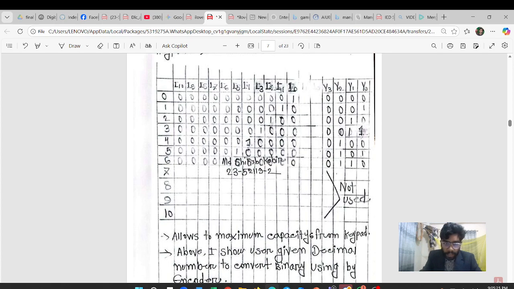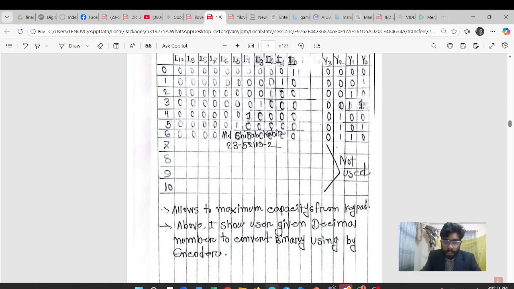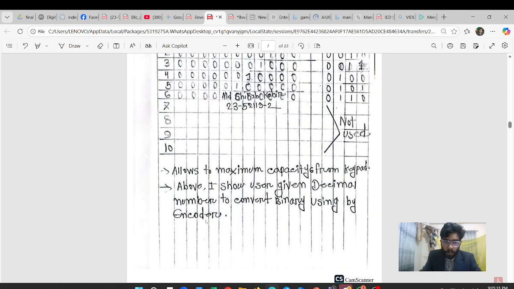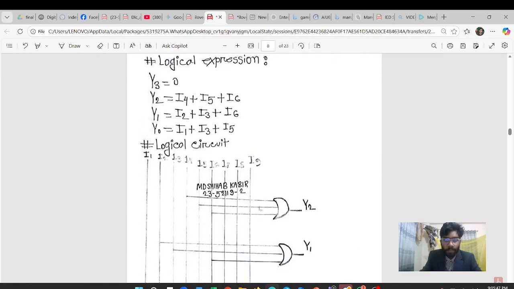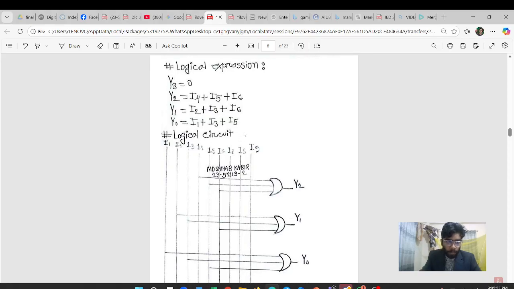Here I am trying to show my logical expression by numbering system. Note that it allows a maximum capacity of 6 from the keypad. Above I show how the user-given decimal number is converted to binary using an encoder. For the logical expression, Y3 equals 0, no input.